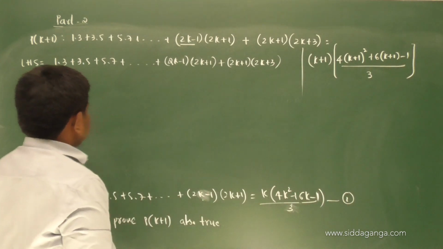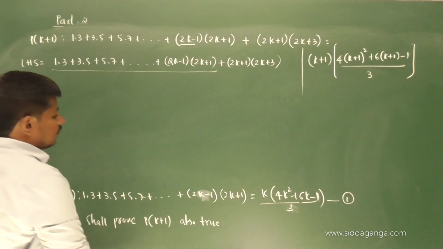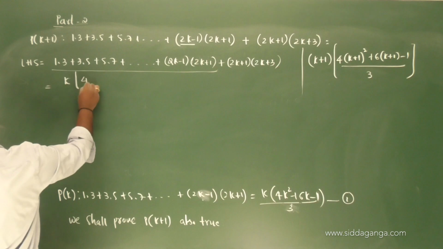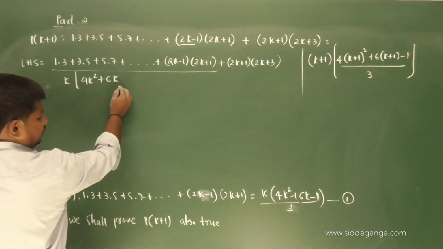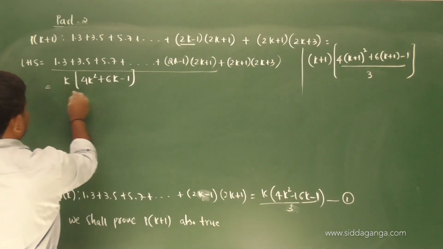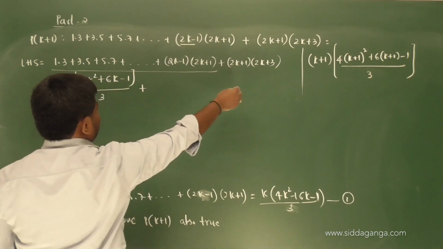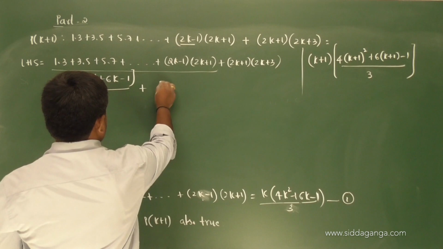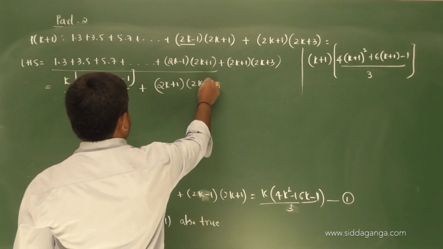Till here we have the result from equation 1, which is k into 4k square plus 6k minus 1, whole divided by 3, plus the next term, 2k plus 1 into 2k plus 3.